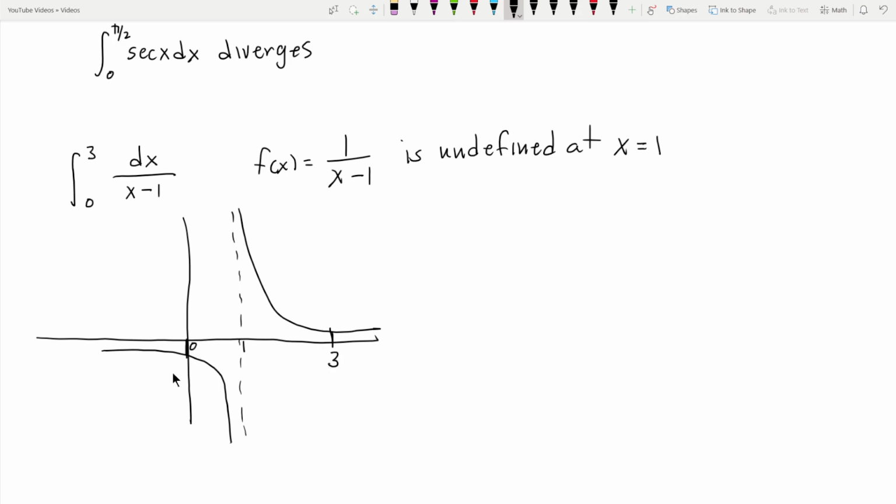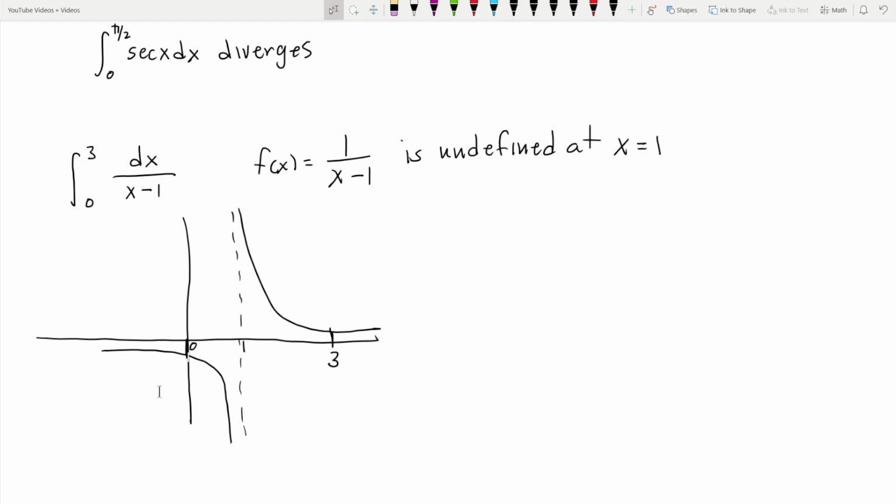So between our two values, we have a point where the function is not defined. So that means we need to evaluate two antiderivatives. We have to evaluate the antiderivative from 0 to 1, and then from 1 to 3.